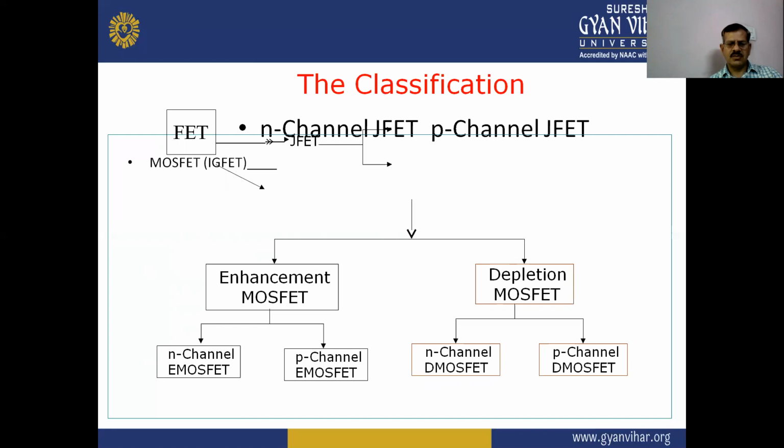The enhancement MOSFET is again classified into two types: N channel E MOSFET and P channel E MOSFET. And the depletion MOSFET is again divided into two parts: N channel D MOSFET and P channel D MOSFET. Here E is for enhancement and D for depletion.